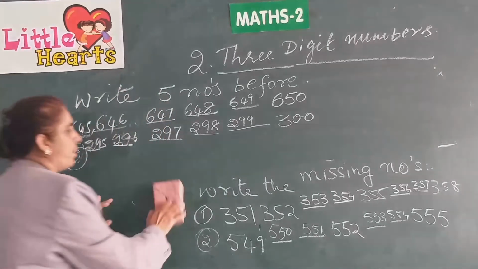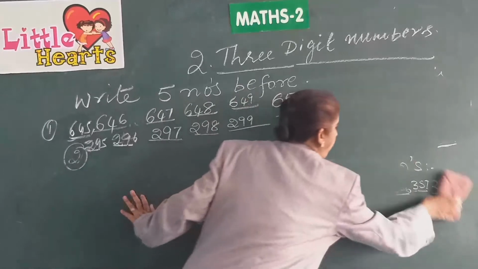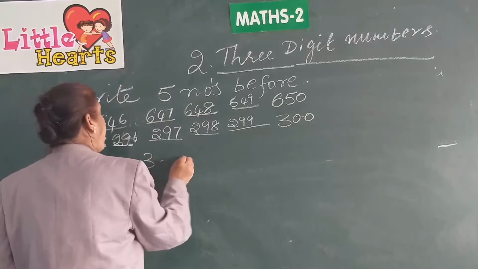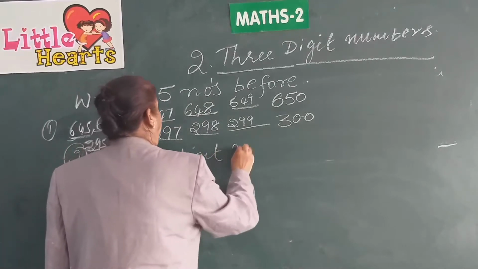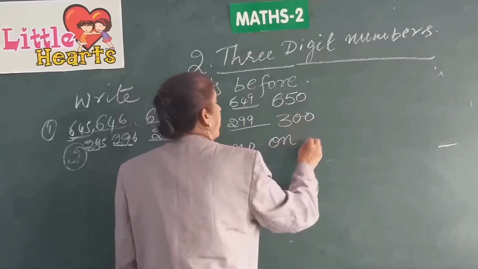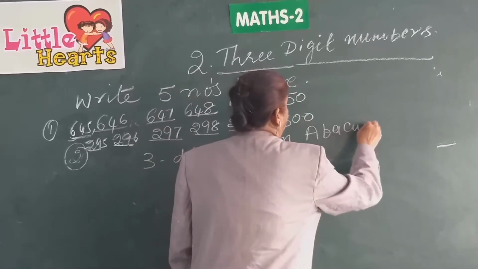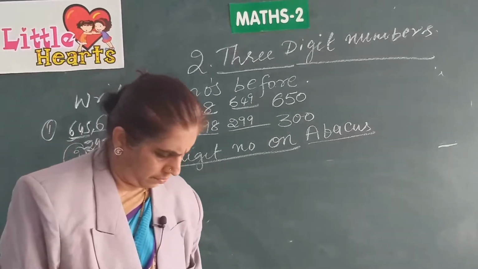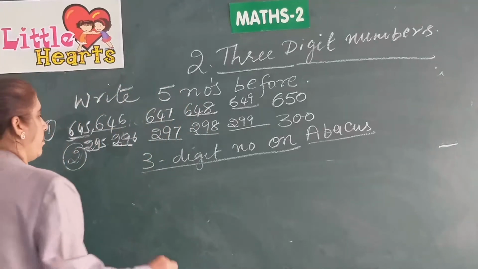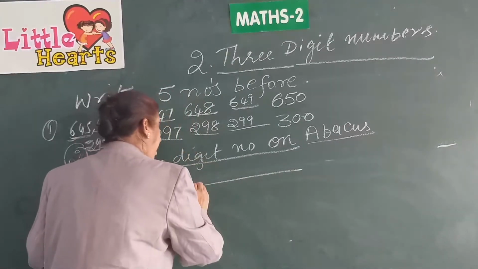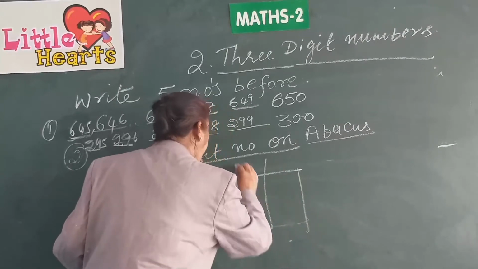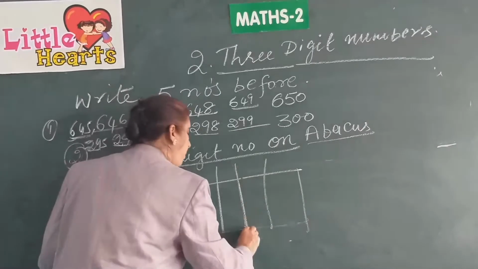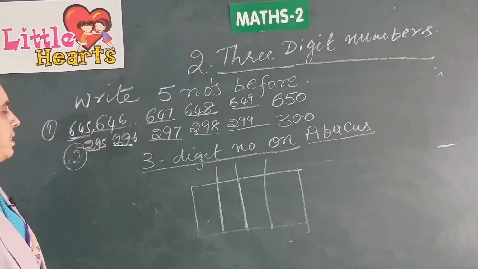Next, we shall learn how to represent a 3-digit number on an abacus. An abacus is nothing but a metal frame on which beads are arranged according to the number of beads in the hundreds, tens, and ones places.